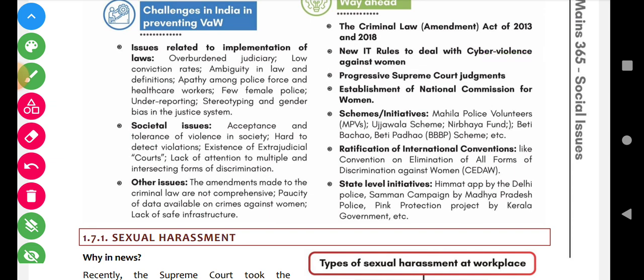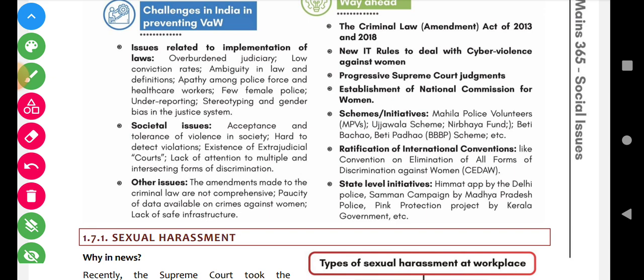Progressive Supreme Court judgments, like on privacy, where the BN Srikrishna Committee was constituted in 2017, and the decriminalization of Section 377 concerning the LGBTQ community.